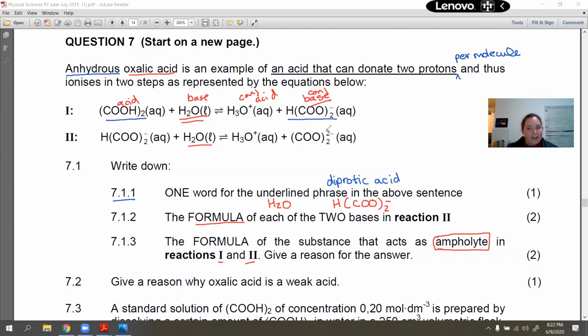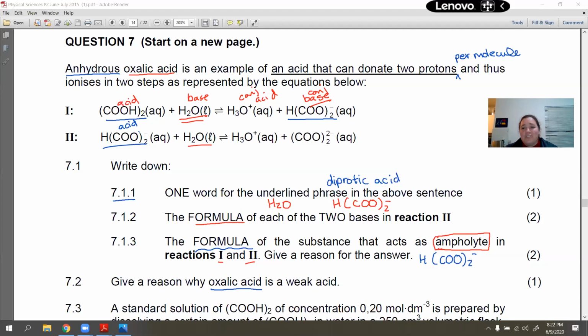I kind of want to call it hydrogen oxalate, which probably is the right answer. Over here, it acts as an acid again. So it acted as an acid and a base. It's the substance that acts as an ampholyte. Fortunately, they deliberately said formula because they don't want you to get tongue-tied about what its name is. It's HC2O4 minus. There we go.